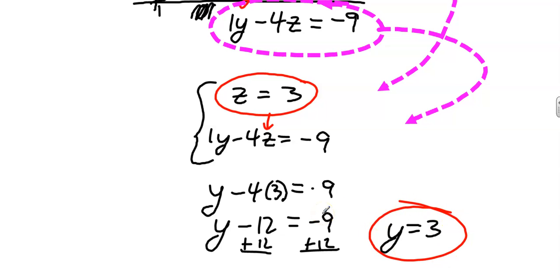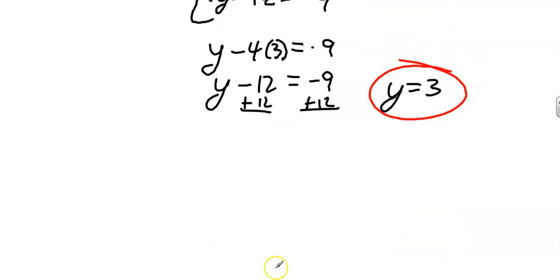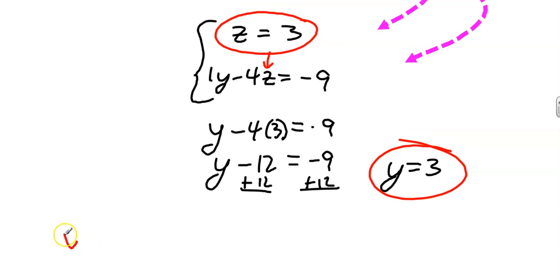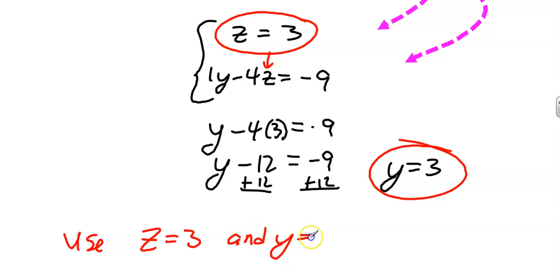Okay, and in section 1, once we had the 2 values, we were done. But in section 2, now you got to find 3 values. So we're going to go back and take the z value of 3, and also the y value of 3.